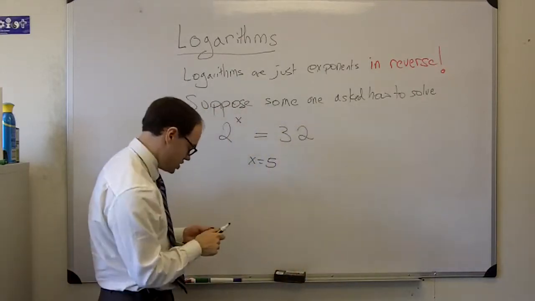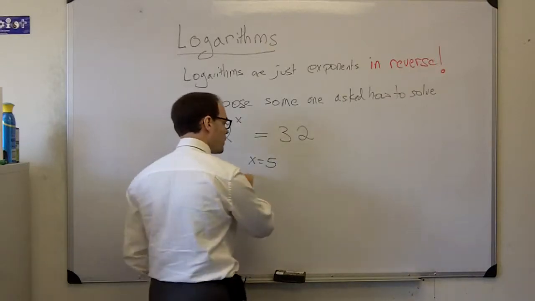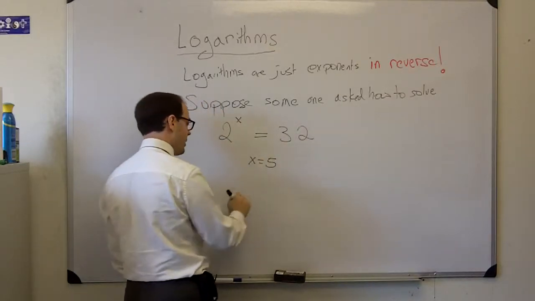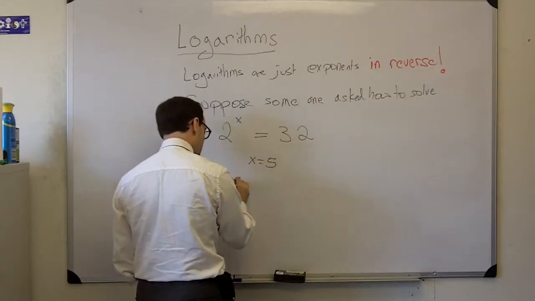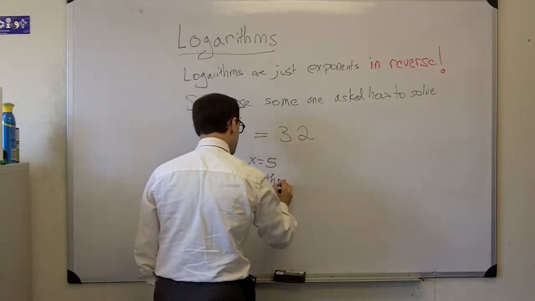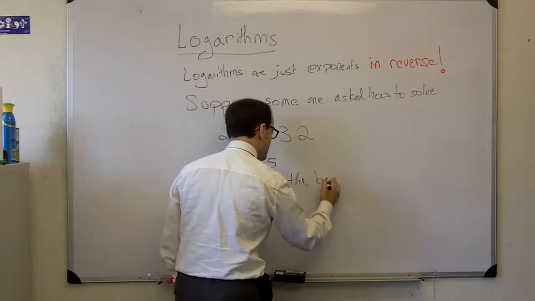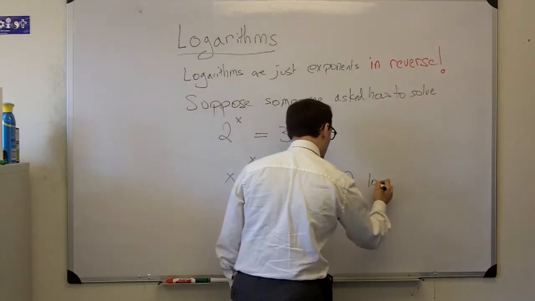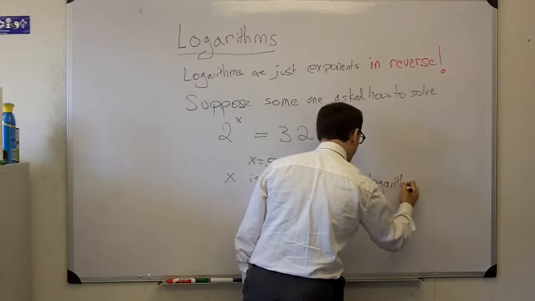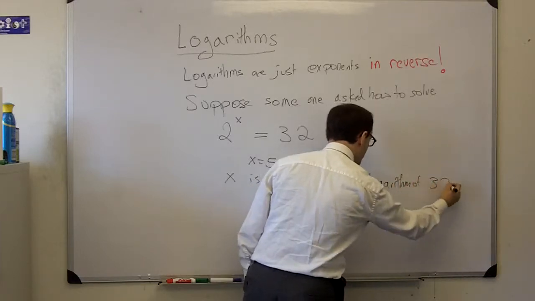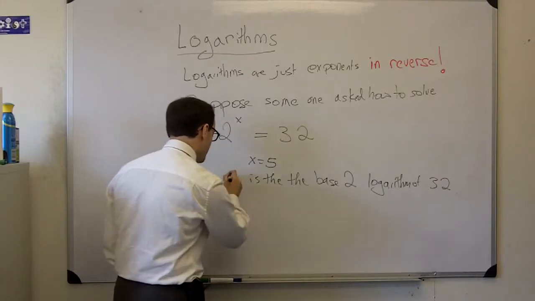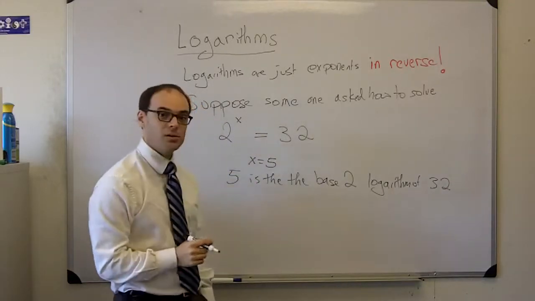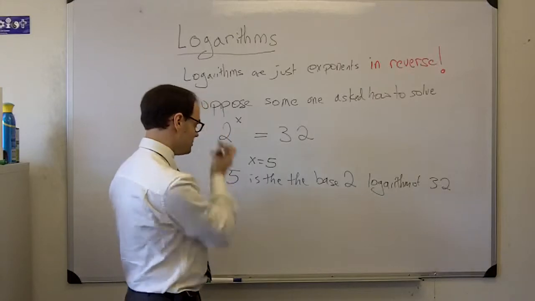I'm going to change some notation. The way we can say this is that in this problem, x is the base 2 logarithm of 32. And of course, 5 is the base 2 logarithm of 32.